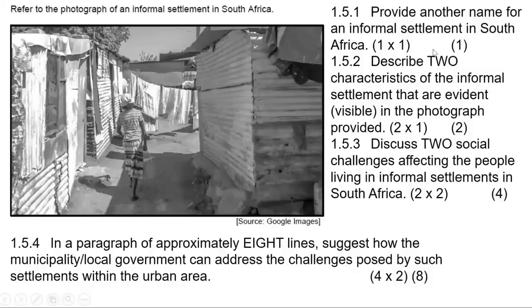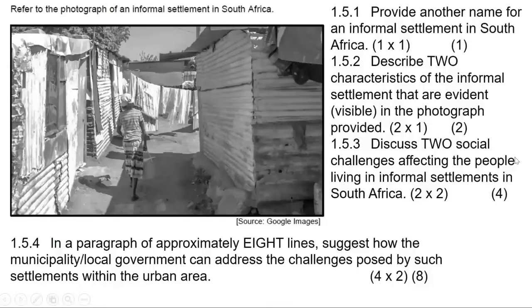So the evident characteristics are, number one, there is no infrastructure, the houses are closer to each other, the houses are clustered, there is poor building material, and the building material cannot protect them from any weather conditions.